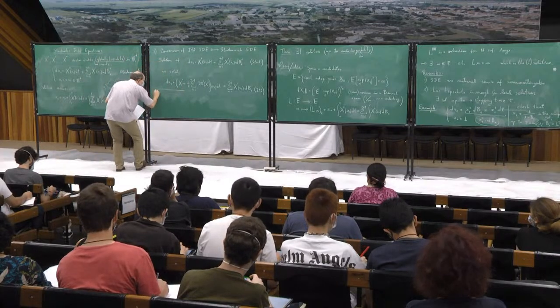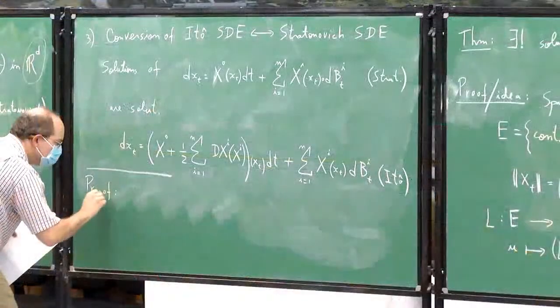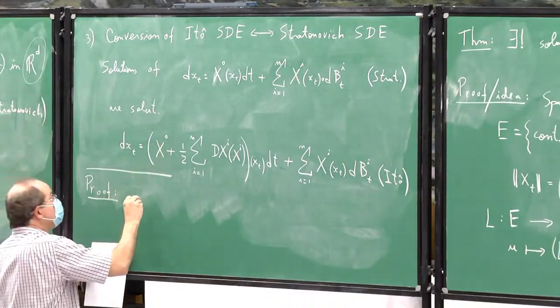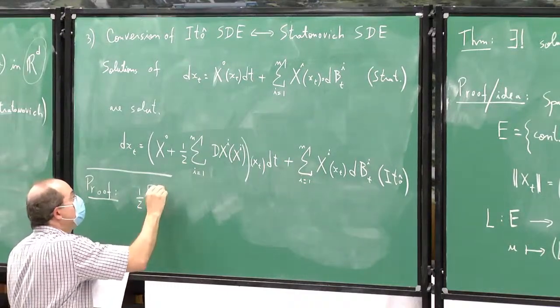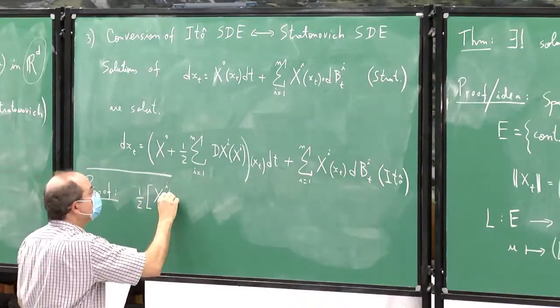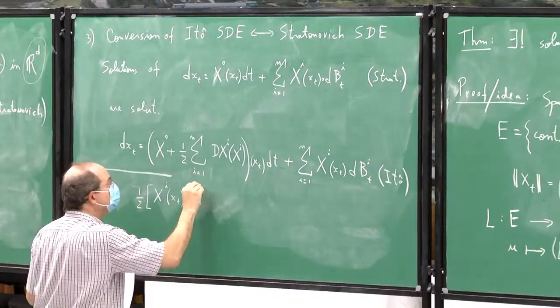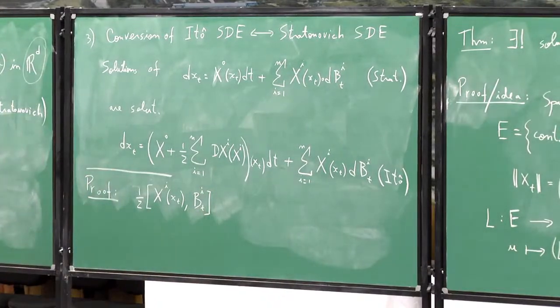Well, a quick proof. One just has to calculate the correction term, which is half the quadratic variation of Xi(Xt) and Bi, or the sum of them summing in i.